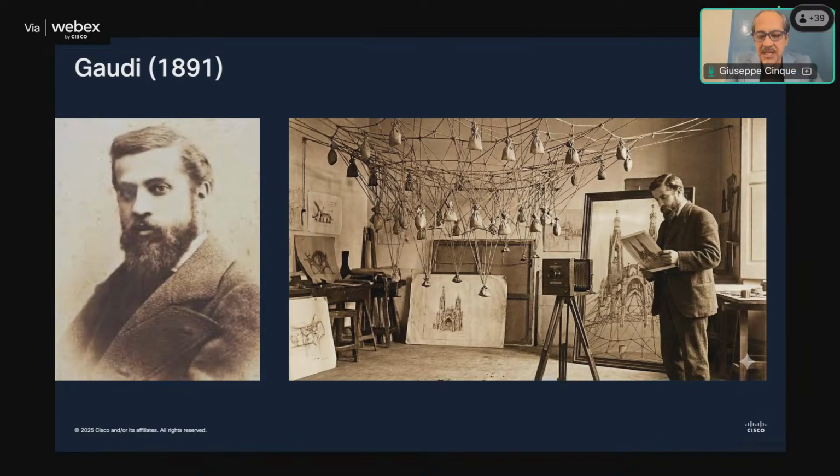So this is Gaudí. When he was designing the architecture for the Sagrada Familia in Barcelona, to understand the tension of the different structures, he was creating a model upside down with weights and strings. So having nature, gravity, pull the strings and the weights.